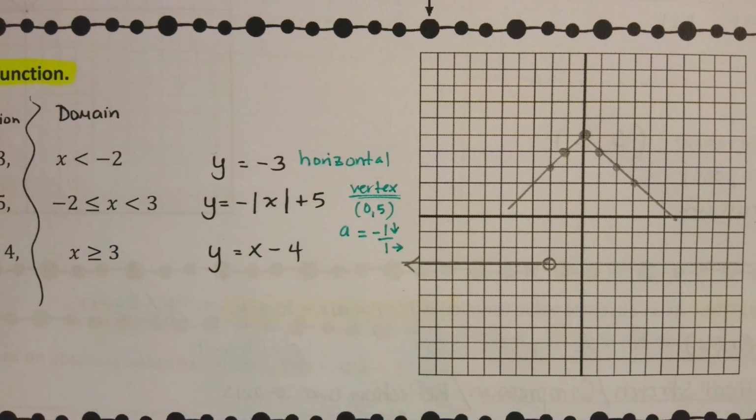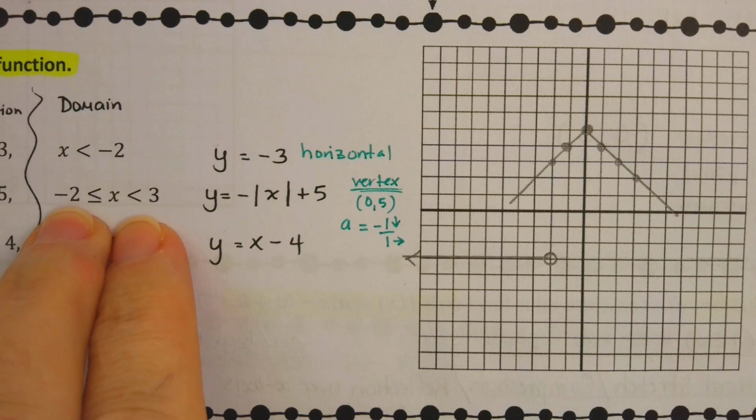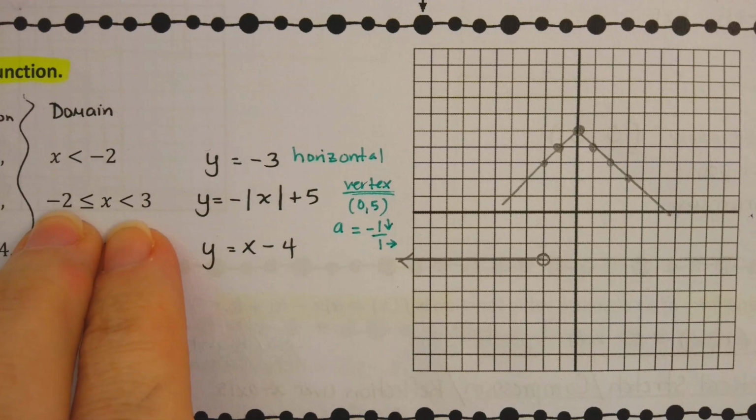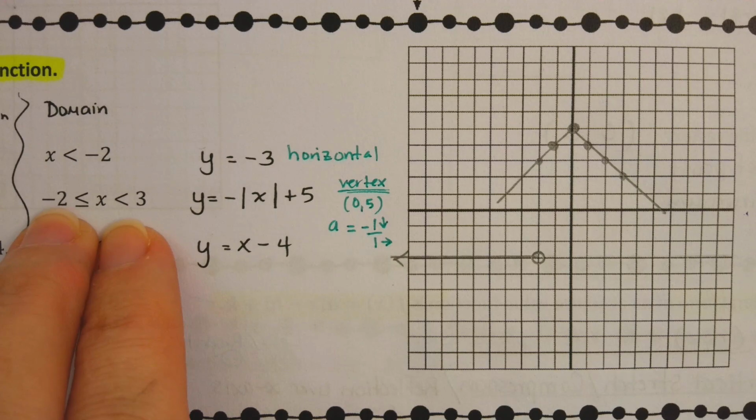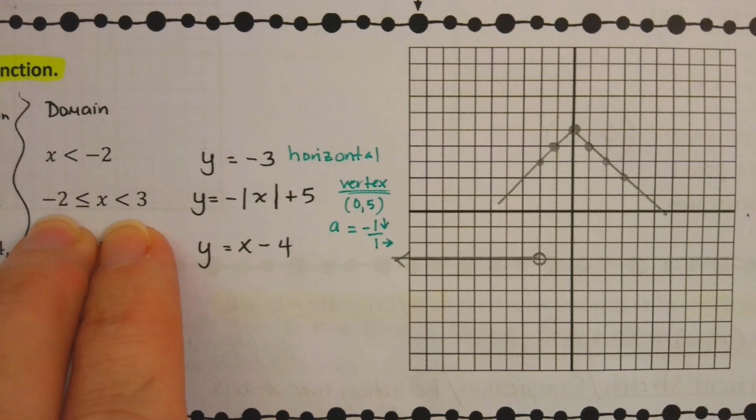First period figured it out in 1 second. Yes, Brandon. No, more specific. What does this mean for my domain? In between. Way to go. It means it's in between these two numbers.